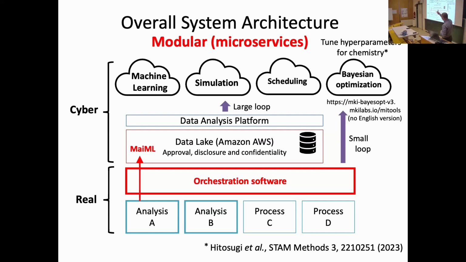And from that, we get the data for Bayesian optimization. And then prediction is done on the cloud. And only the results, only the next deposition condition, come from the cloud, and then are utilized in autonomous experiments. So all the things are modularized. In the internet, we call this microservices. And this is really modularization, even for software.